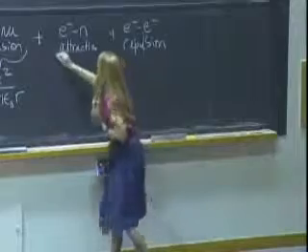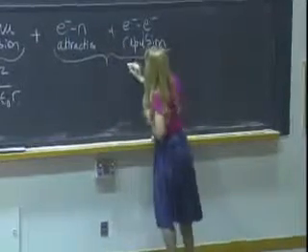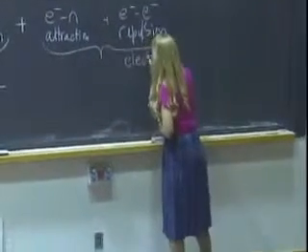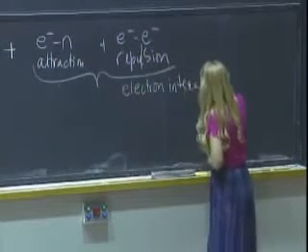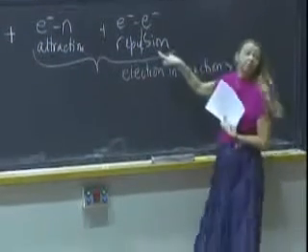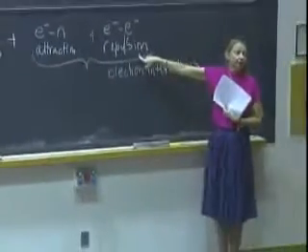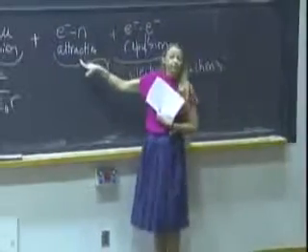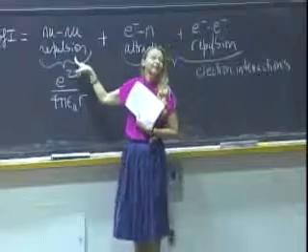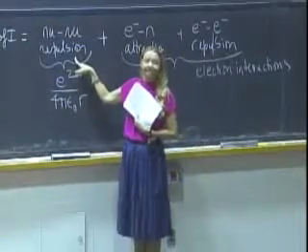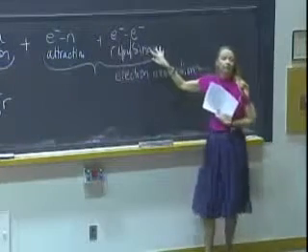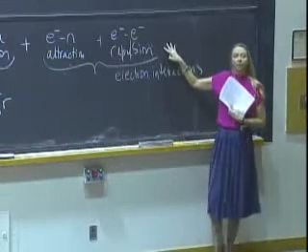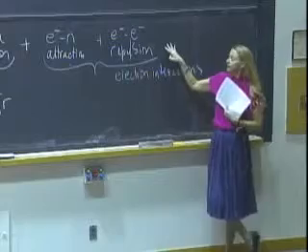And actually, the sum of these two terms, I'm going to call the electron interactions. Each one of these terms involves the electrons. This is electron-electron repulsion, electron-nuclear attraction. This term doesn't have any electrons in it.